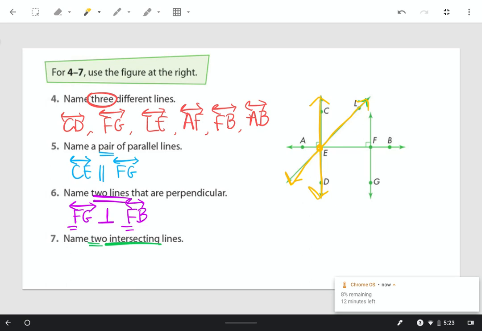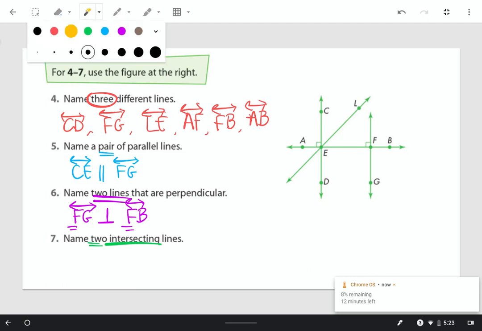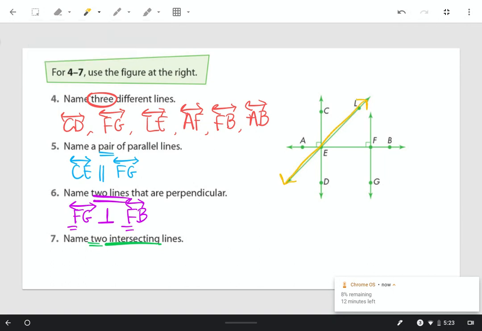But there are another pair of intersecting lines on here as well. They just have not crossed paths yet. Okay, so I have line LE, and if I extend this line out further, and then I have line FG, and if I extend this line out further, eventually they are going to cross right there.